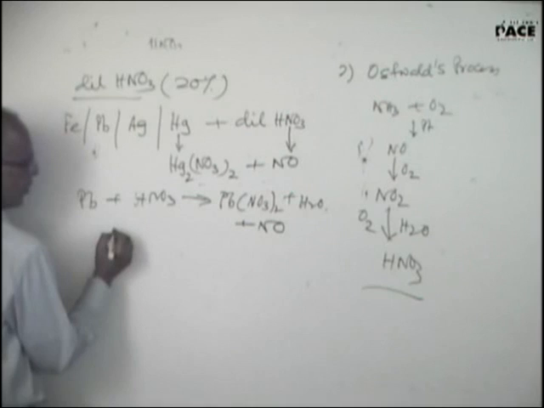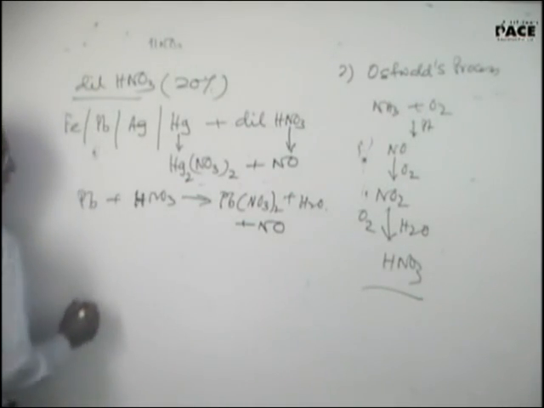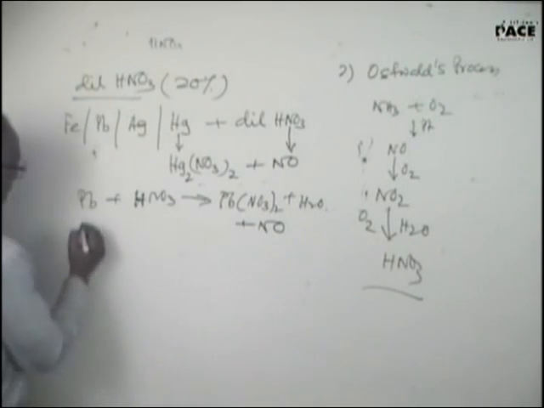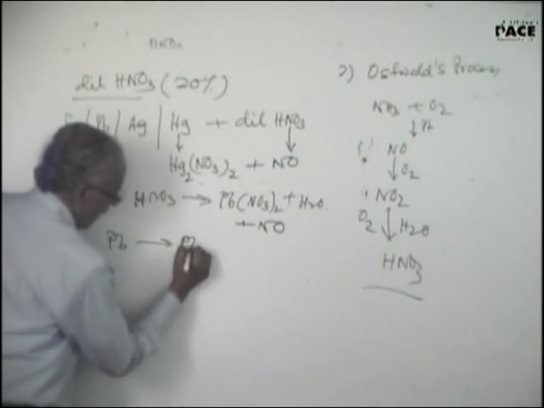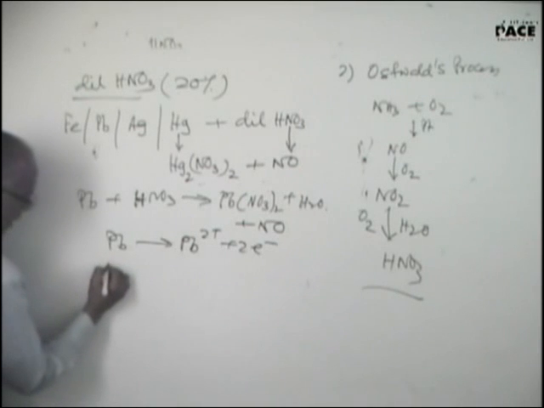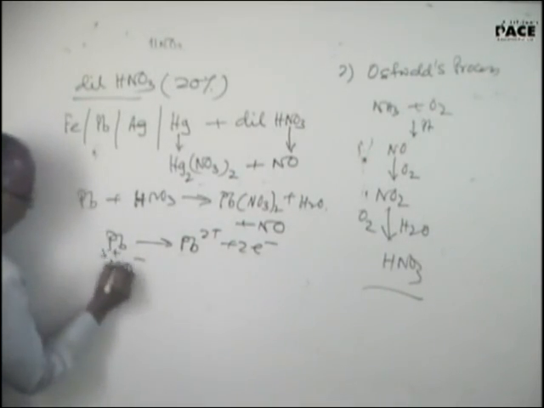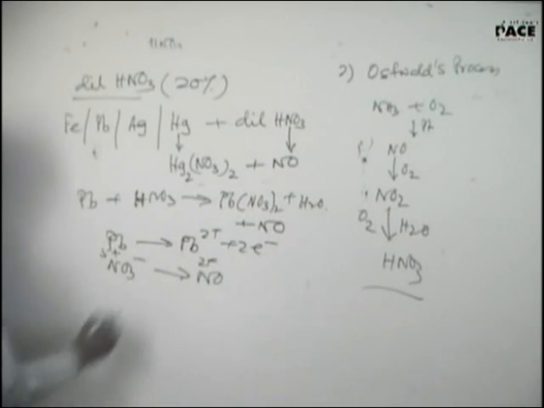So if you balance this reaction, lead goes to lead 2 plus plus 2 electrons, nitrate ion 5 plus goes to NO 2 plus 3 electrons.